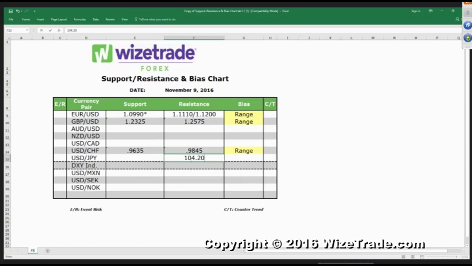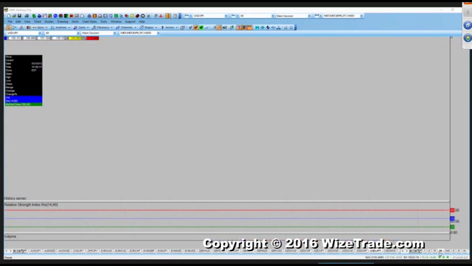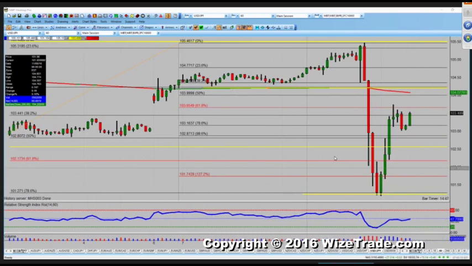104.20. Maybe intraday 103, and then obviously 101.20.